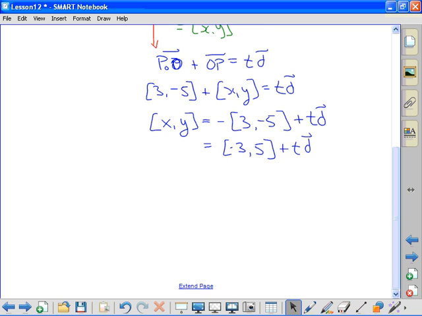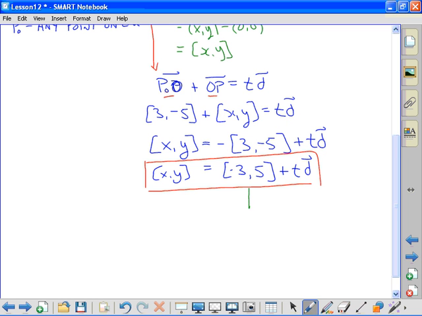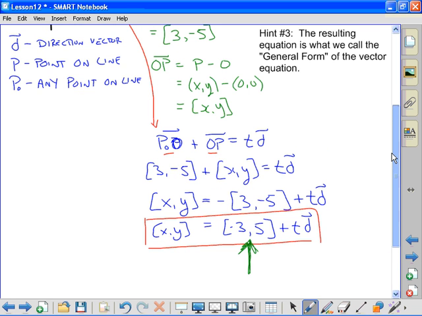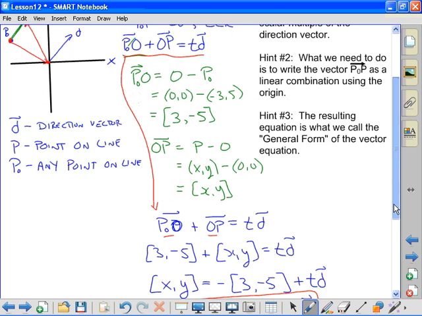All right, so what's the connection here? So there's the final answer for that question we were working on. Again, I just did the substitution from above for these two values. And now I want to take a look. Where did -3, 5 come from? So when you look back at the original question, -3, 5 is actually the point.